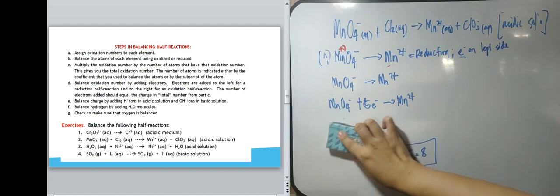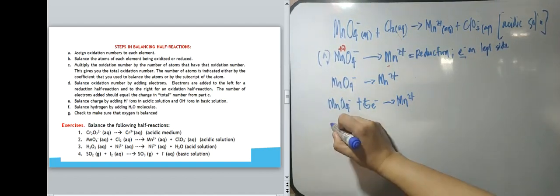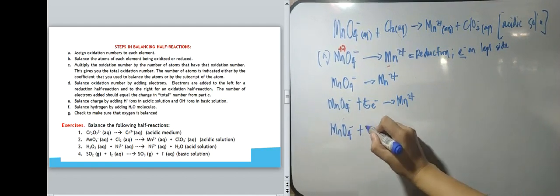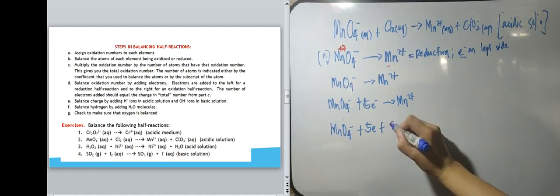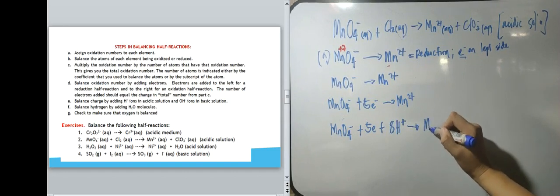The next step is MnO4 minus plus 5E minus plus how many? 8 positive, Mn2 plus.